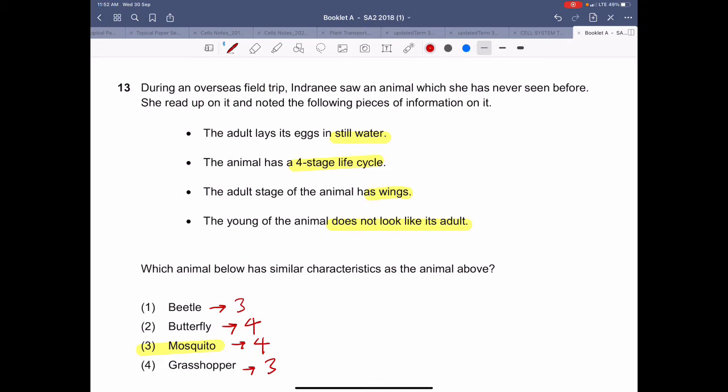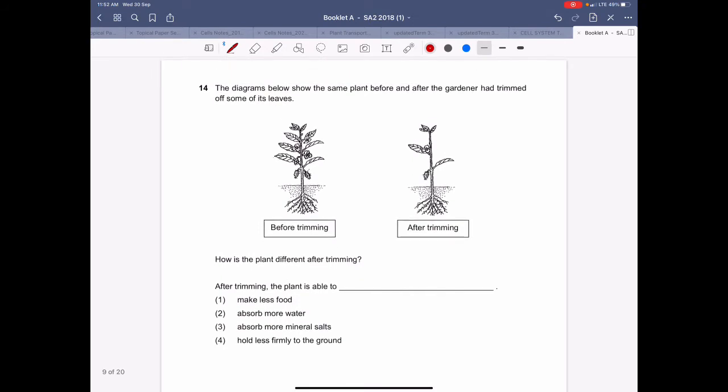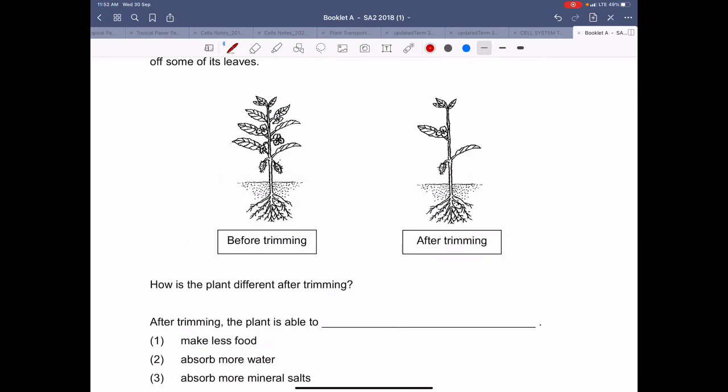Moving on. The diagram below shows the same plant before and after the gardener had trimmed off some of its leaves. How is the plant different after trimming? So take a look. Now, whenever you have this kind of experiment, very simple. Compare plant A and plant B and ask yourself what is the difference. So from here you know that plant B has less leaves.